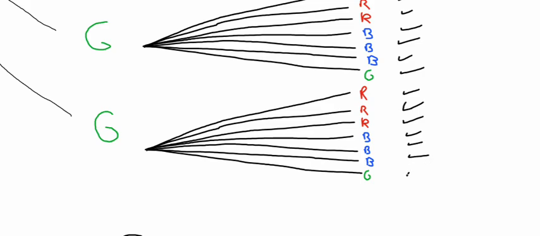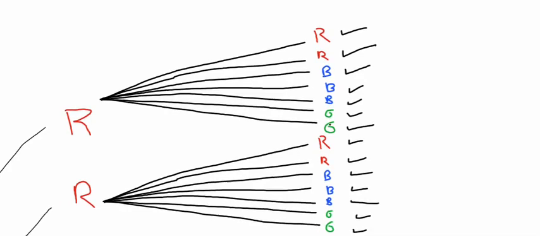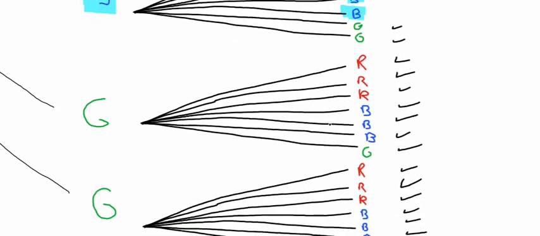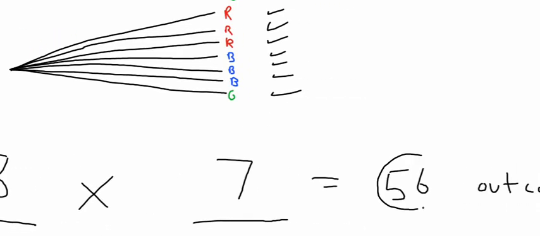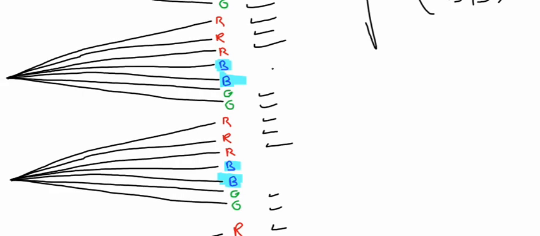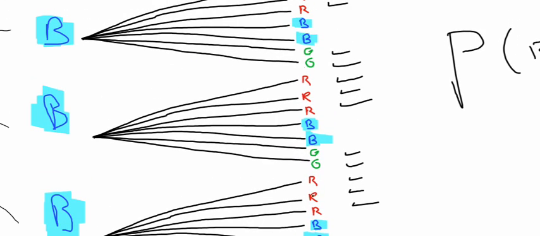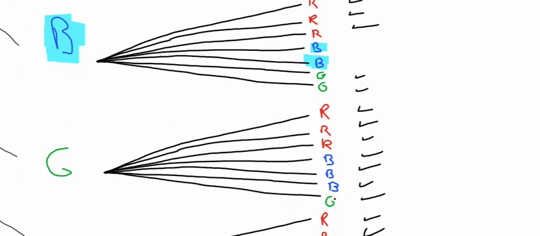How many check marks did I just make? Yep. How many outcomes were there in all? 7 times 8. 56 outcomes in all. I say that 6 of them are blue, blue. Only those 6, though. So how many outcomes have at least one not blue then?